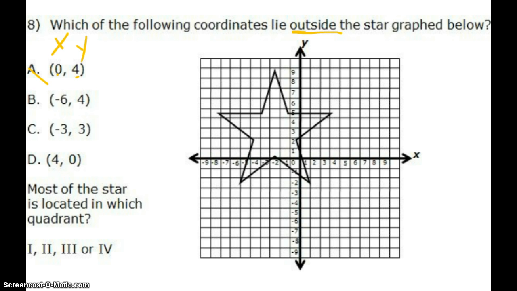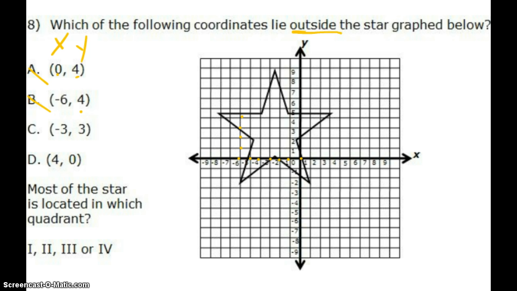So let's look at B, negative 6, 4. Start at the origin, go left 6. So 1, 2, 3, 4, 5, 6, and positive 4, so that tells me to go up 1, 2, 3, 4.